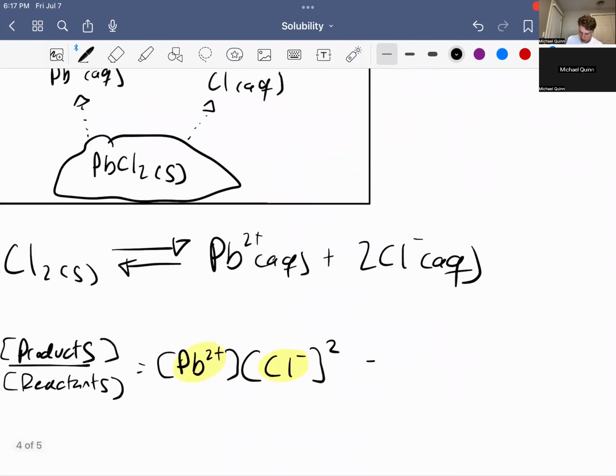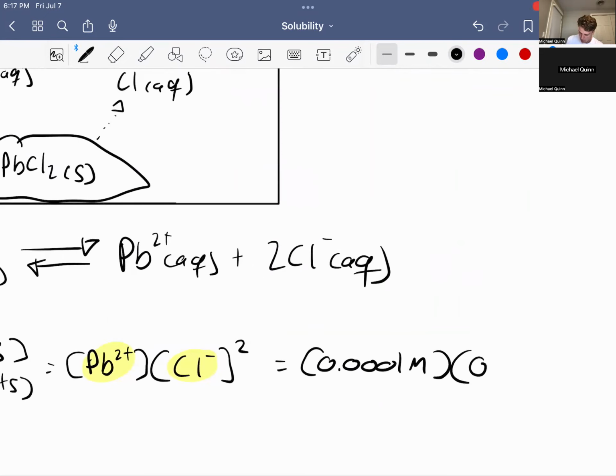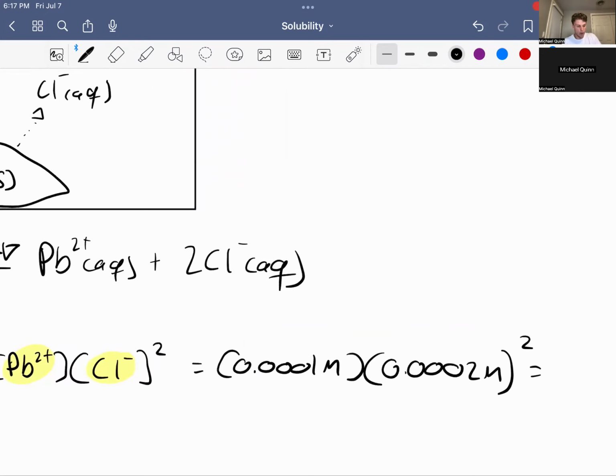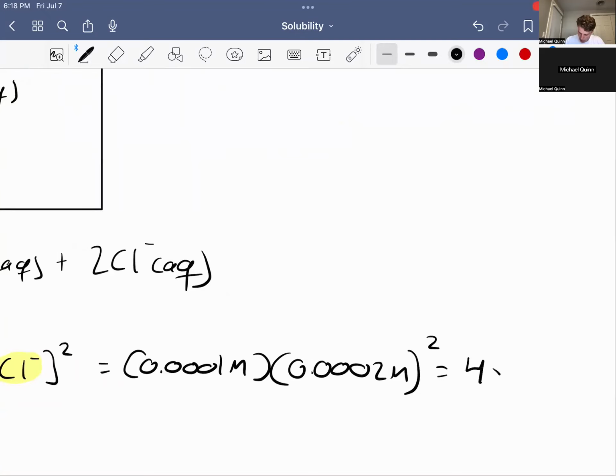So for lead, it is 0.0001 molar, and for chloride, it is 0.0002 molar squared. So Qsp, when we plug it into our calculator, I get 4 times 10 to the negative 12.